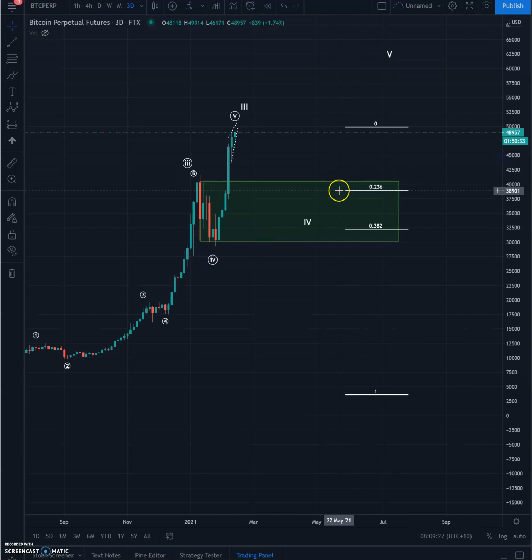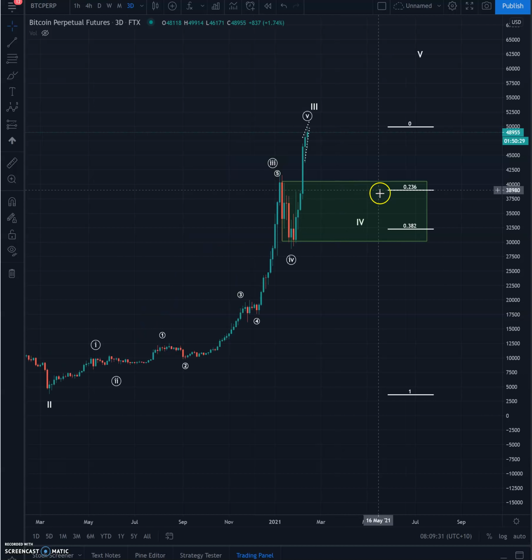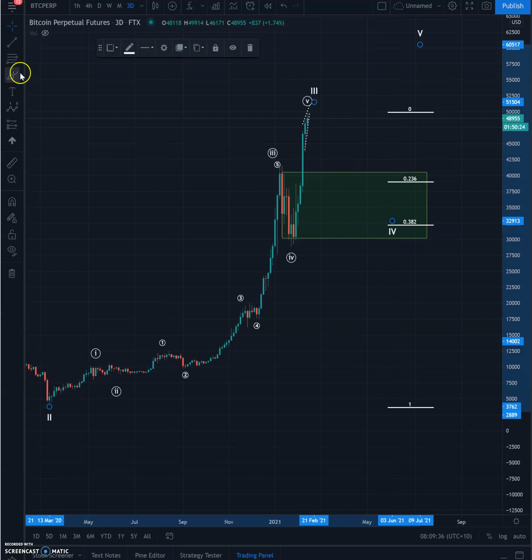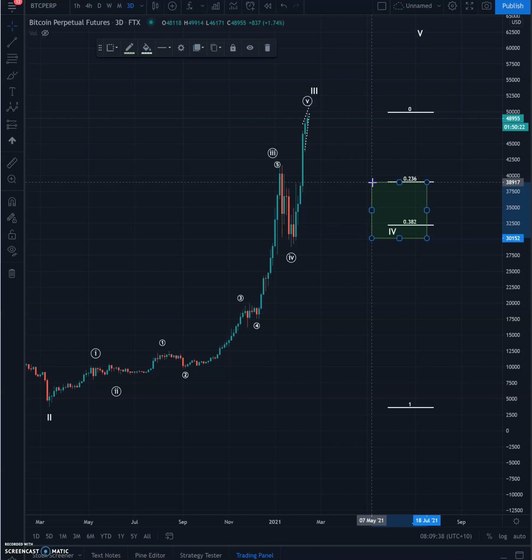The 23.6 is at 38.9k, and the 0.382 is at 32k. So it's fairly in line with the box that I already drew. Let's say we can probably tighten this range up a bit now that we have that.